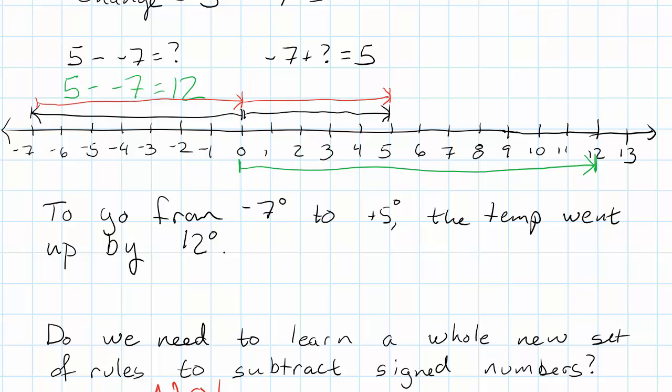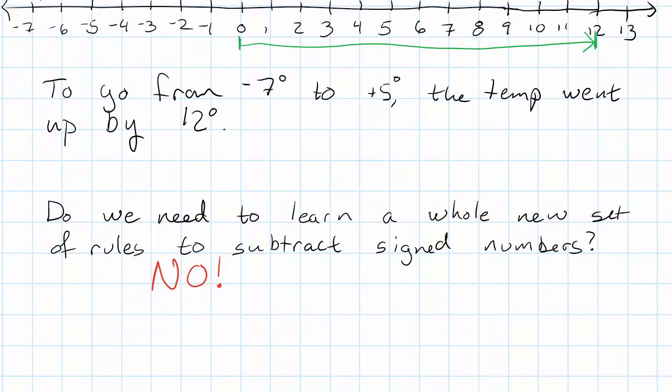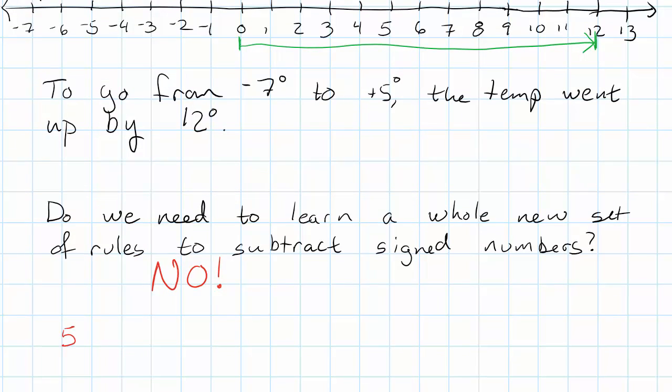And then we needed a further change of positive 5. What we saw was that 5 minus negative 7 was the same as 5 plus positive 7. And this always works.